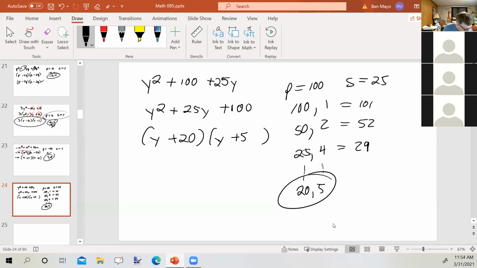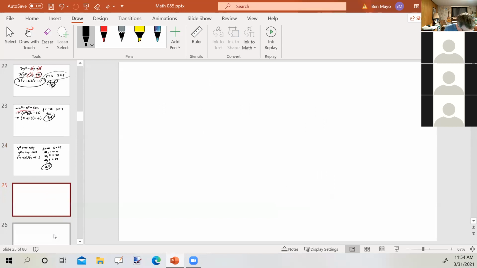Let's see here. A cubed plus 5ab squared plus 6a squared b. Well, this is a trinomial, and there's a couple of variables there. It's not in descending powers of a, and it's not in descending powers of b.